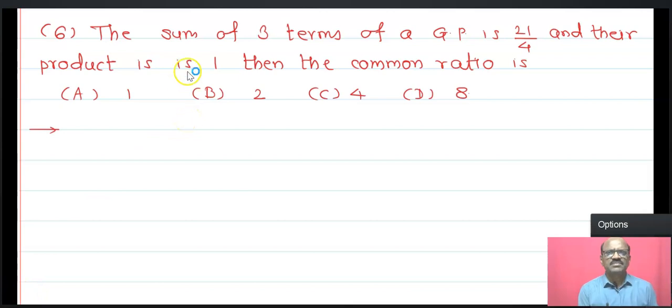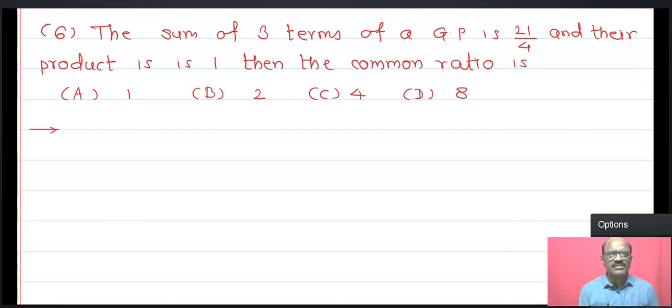Now, see this here. The sum of the 3 terms of the GP is 21 upon 4 and their product is 1. And the common ratio is, now here we are considering the 3 terms of the GP. Now the 3 terms of the GP are a upon r, a and ar.